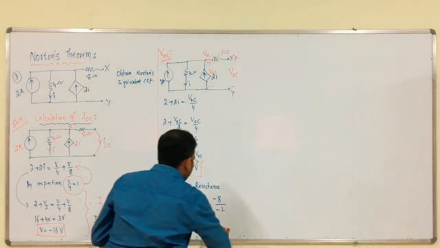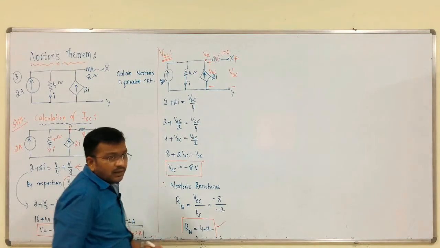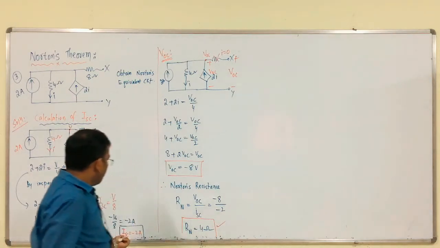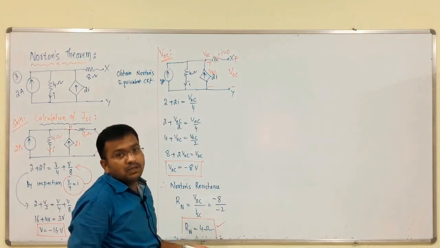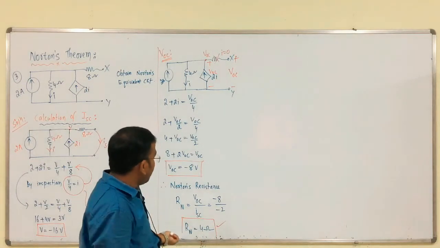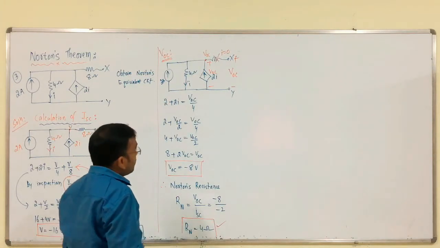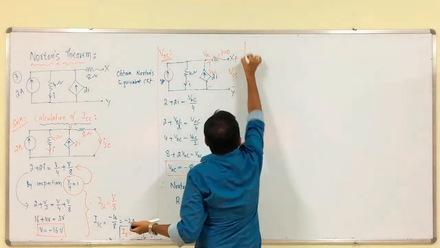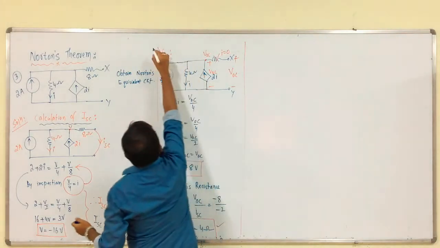That is it. We have ISC, we have VOC, we have Rn. Then the equivalent circuit is what? ISC is connected in parallel with Rn. That is it. The problem is over. But we have calculated Rn by using method 1. This is method 1.